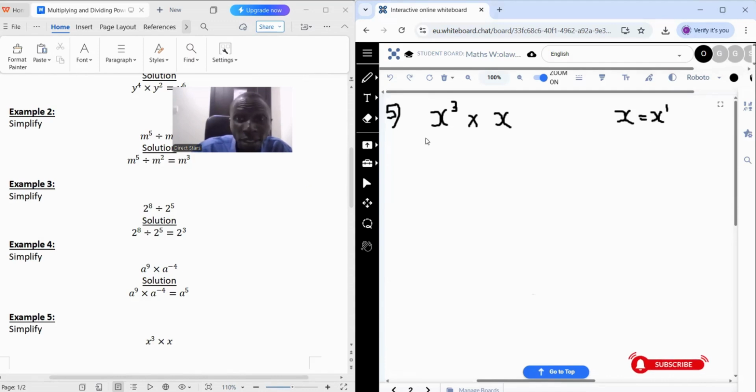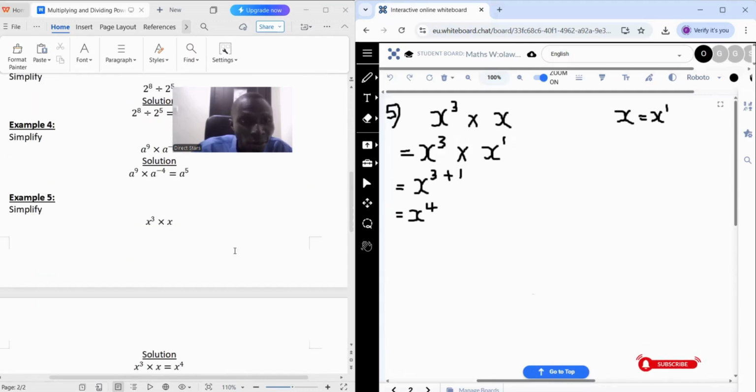So with this understanding, now we can have this to be x raised to the power 3 multiplied by x raised to the power 1. So, since we have the same base, we can have this to be x raised to the power 3 plus 1. We can have the answer here to be x raised to the power of 4.